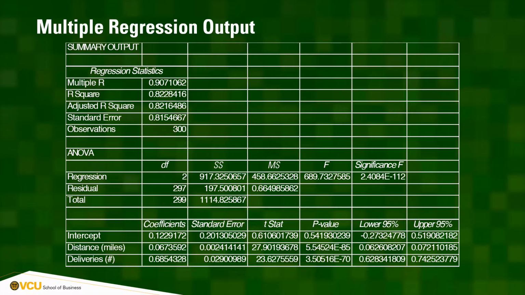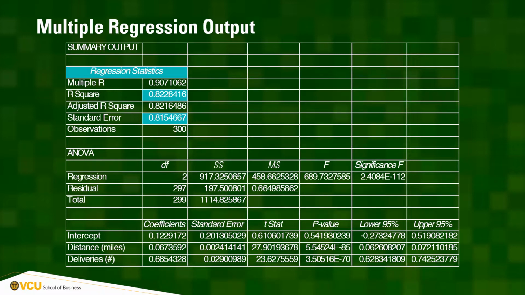The output looks quite similar to the one we analyzed for the simple regression example, but there are a few differences. First, in the regression statistics table, the R-square has increased considerably, whereas the standard error has decreased. This is due to the fact that the number of deliveries variable has increased the explanatory power of the model, which now can explain almost 82% of the variation of the duration of a driving assignment.